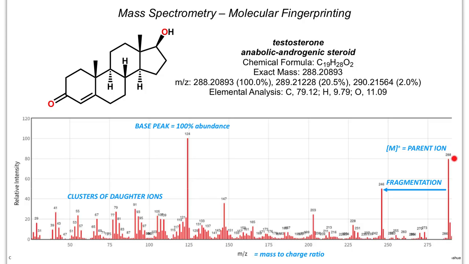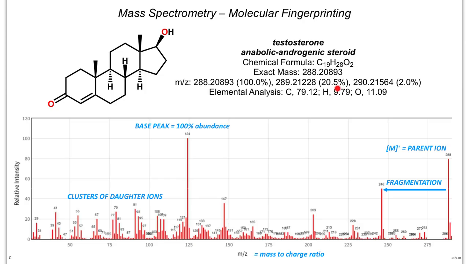So based on the parent being even, we kind of ruled out nitrogen. We looked at this, again, M+2% to rule out chlorine and bromine. See that the M+1% here? That will always be present because of the C13 isotope.